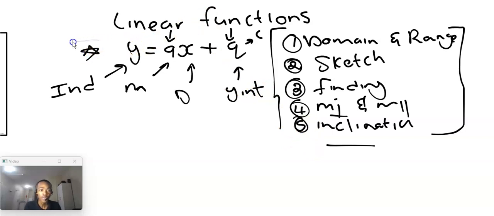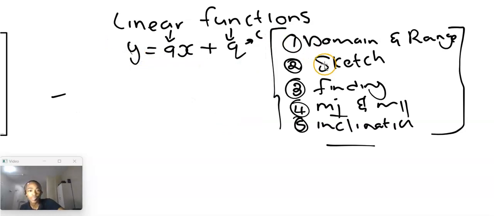So in today's video we'll be looking at how to sketch the linear equation, right, and finding the domain and range, and of course if we have time looking at how to find different variables.